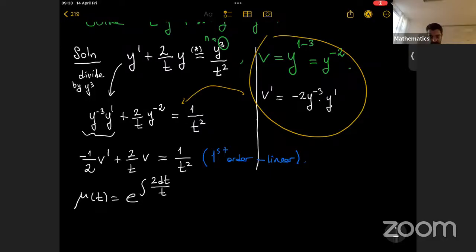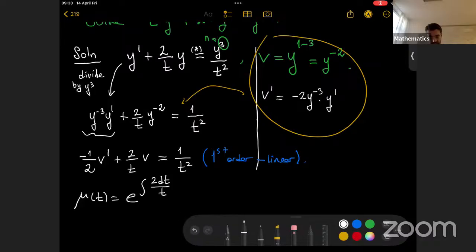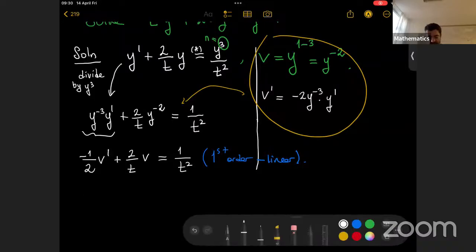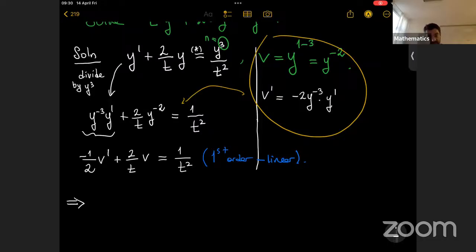Well, maybe let's first write this in better form. Let's get rid of this minus 1 over 2. So this implies v prime is minus 4. You multiply with minus 2, so it's going to be minus 4 over t v is equal to minus 2 over t squared.